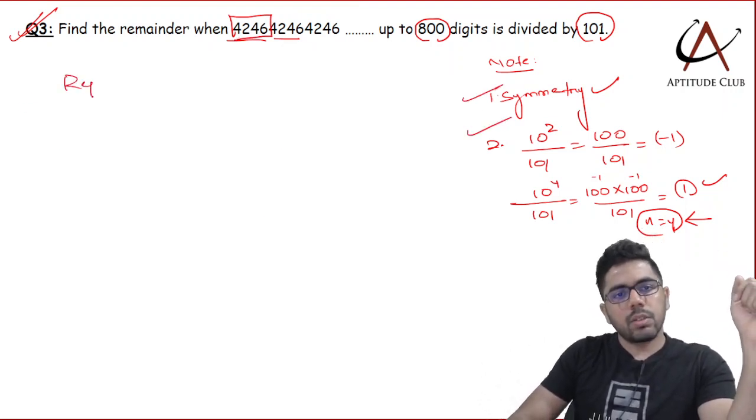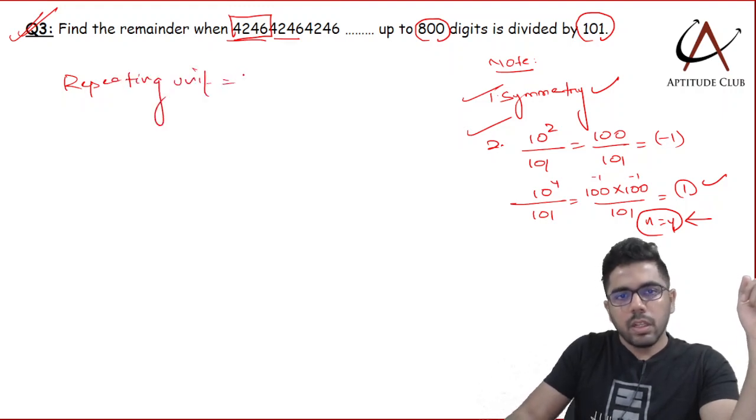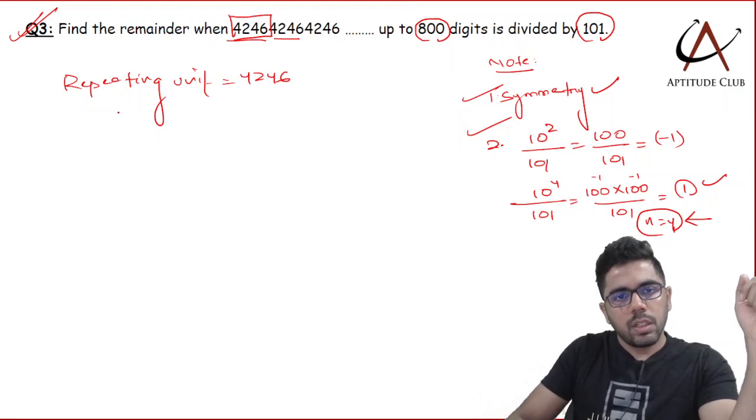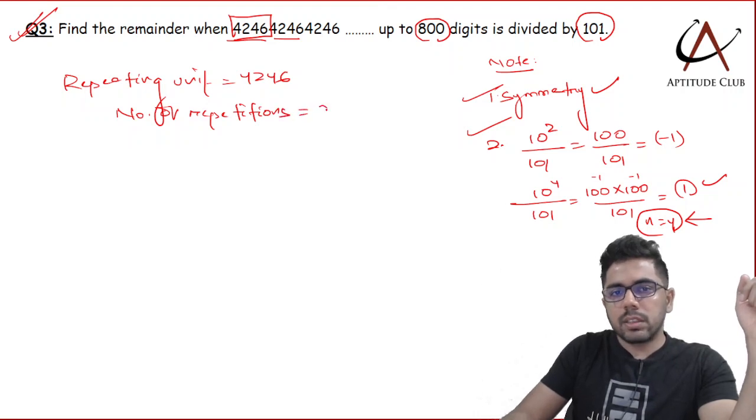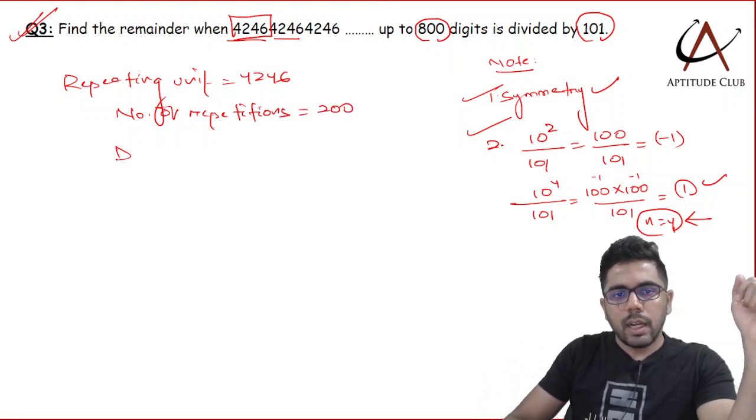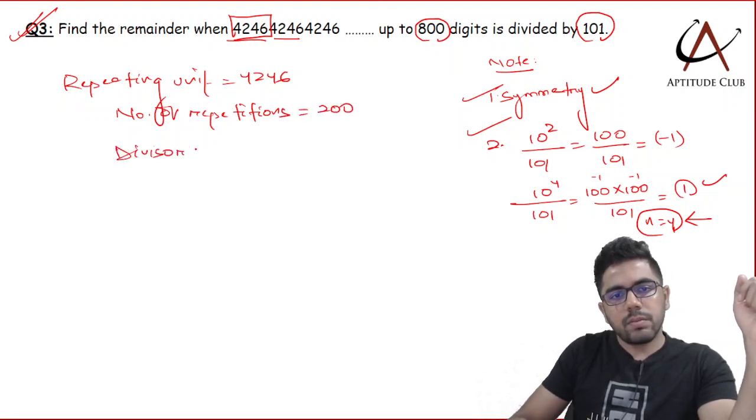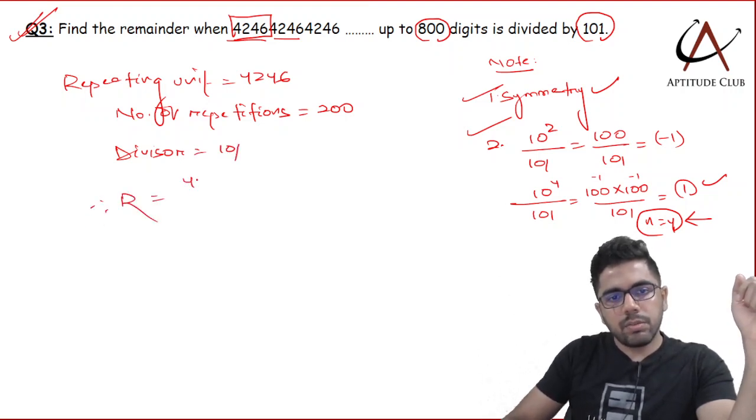So here I can say, okay, my repeating unit in this case is 4246. Number of repetitions, if you look at it, 4 digits and 800 digits तक repeat हो रहा है, तो 200, and the divisor here is 101. Hence the final remainder is repeating unit 4246 into number of repetitions divided by the divisor.